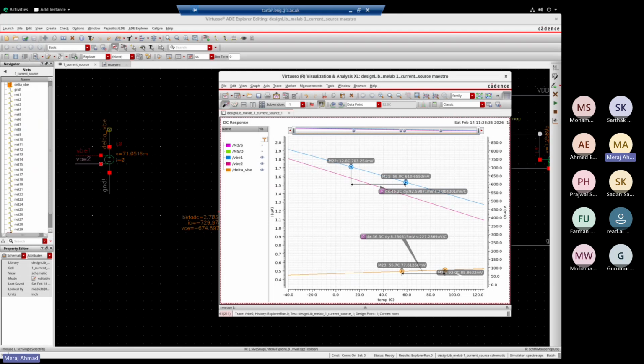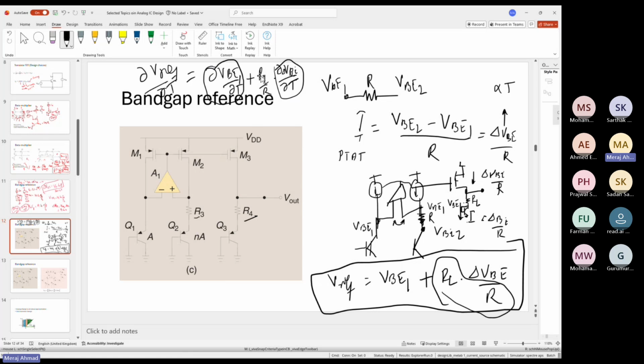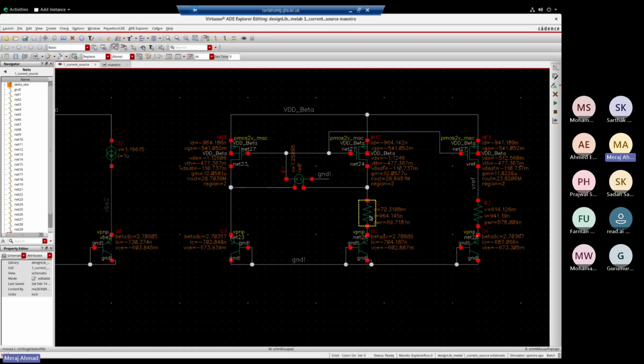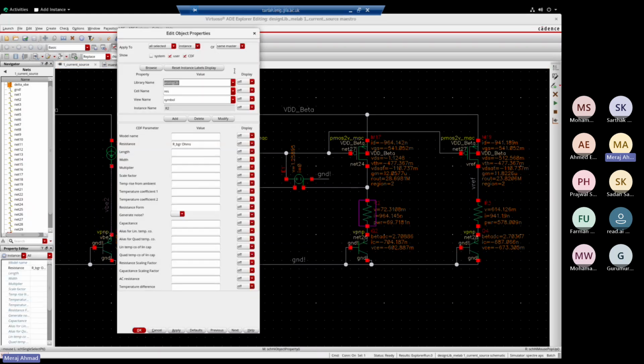So what we have seen here is that we keep this RL by R as a ratio. I will keep this R as a variable and here I will set the ratio as 8.69, so 8.7.